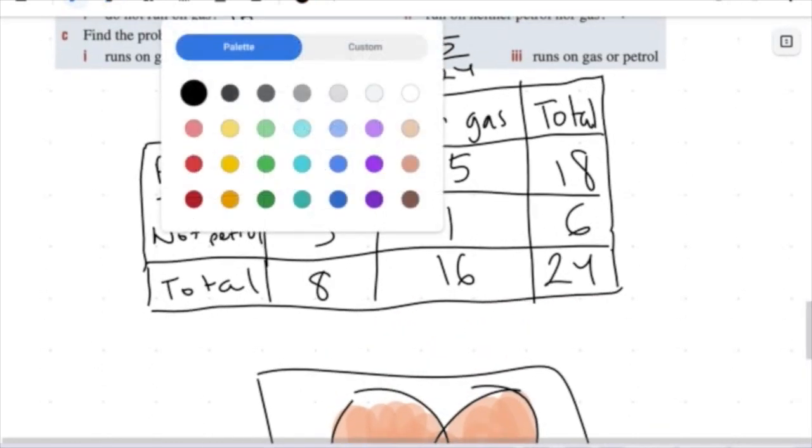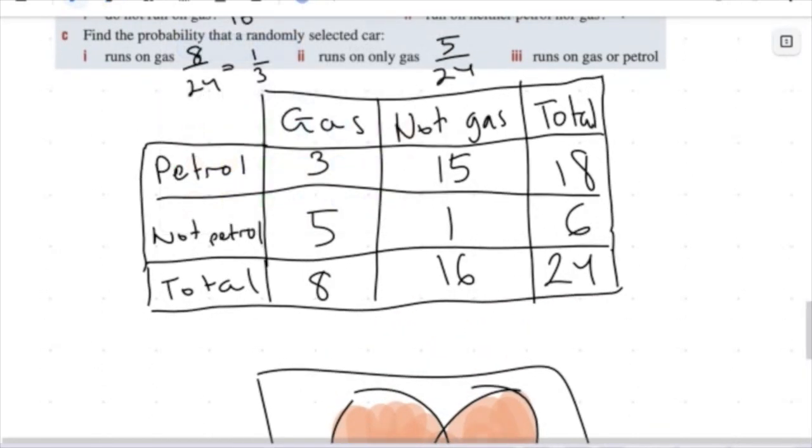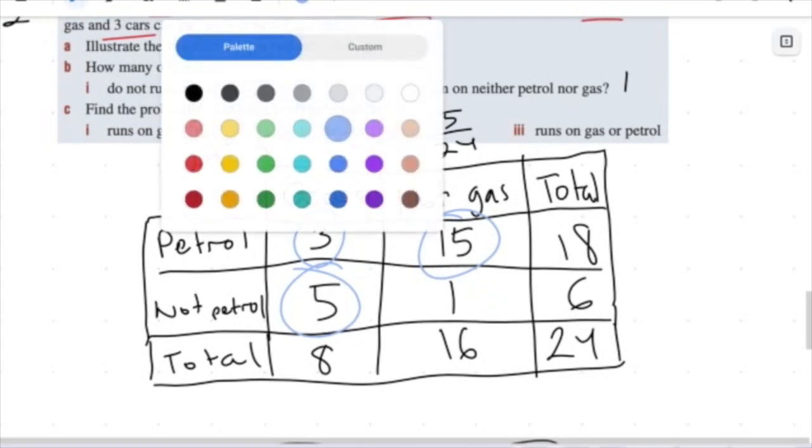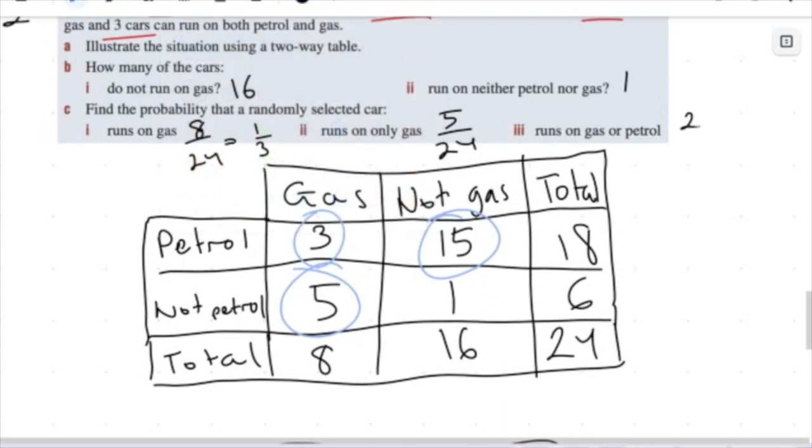So I'm taking into account my gas and petrol, my petrol but not gas, my gas but not petrol. Everything except for not gas and not petrol. So if I add those all together, I get finally 23 out of 24. I also could have just taken all of the cars, so 24 out of 24, and just minused the one down here. You can do it in both ways.